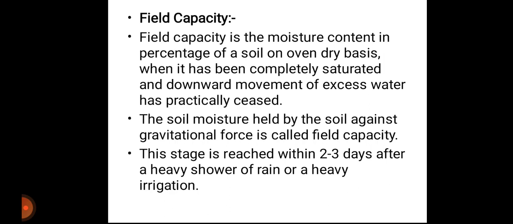So the soil moisture held by the soil against the gravitational force is called field capacity. This stage is reached within 2 to 3 days after a heavy shower of rain or heavy irrigation, meaning 48 to 72 hours.